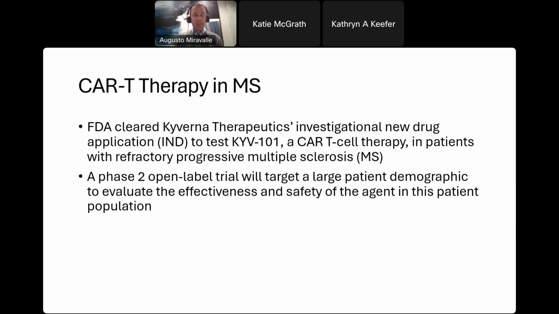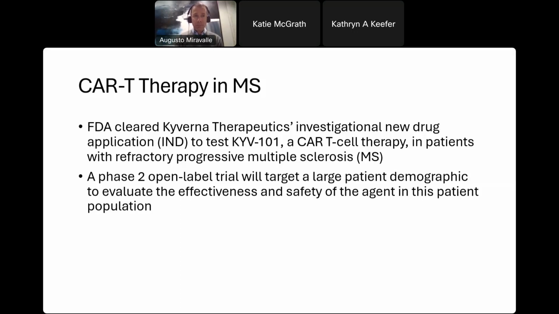Basically, think of CAR T therapy as a way to stop B cells, but instead of introducing an antibody that is going to kill B cells, like Ocrevus, for example, this therapy introduces a way to activate your own T cells to go after the B cells. So you're training your own immune system to go after the B cells.